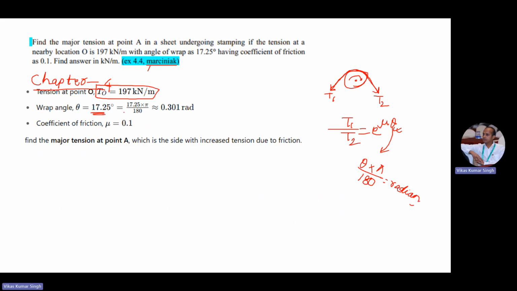Okay, so here it is converted, and once we convert, we get this value. Now the coefficient of friction is again given.